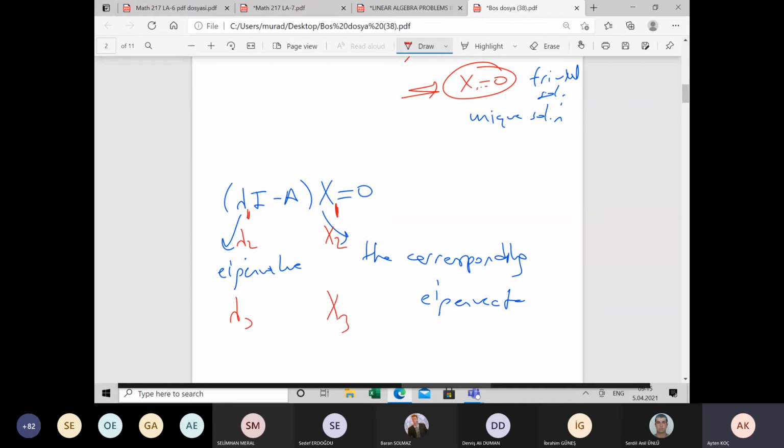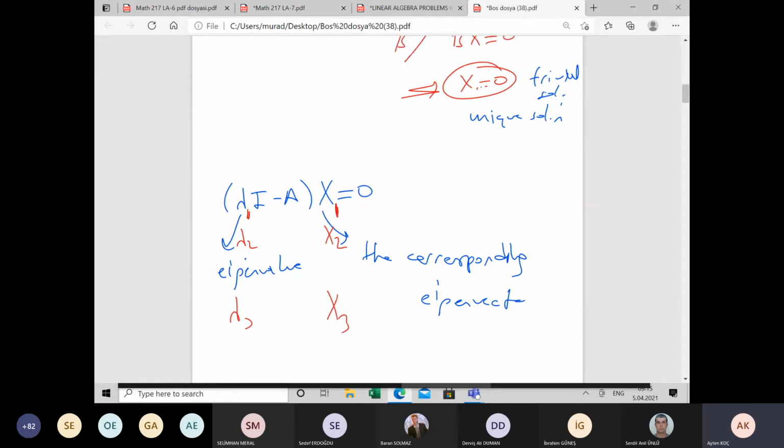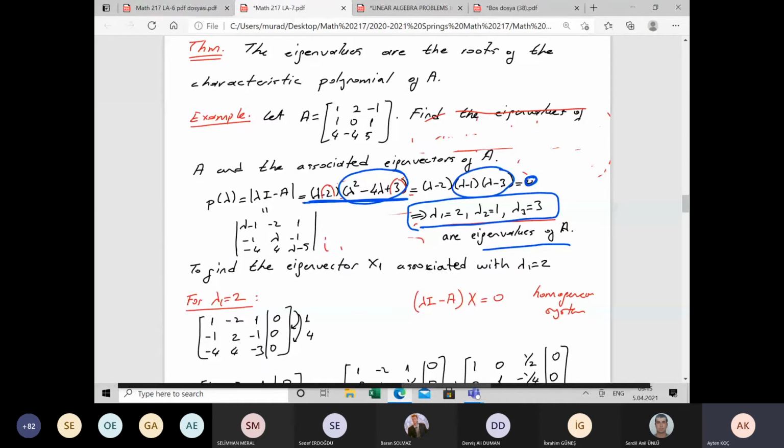Then substitute lambda 2, we obtain another homogeneous system, and solving it gives the next eigenvector. Then lambda 3 gives the last homogeneous system, and solving it we obtain the last eigenvector.